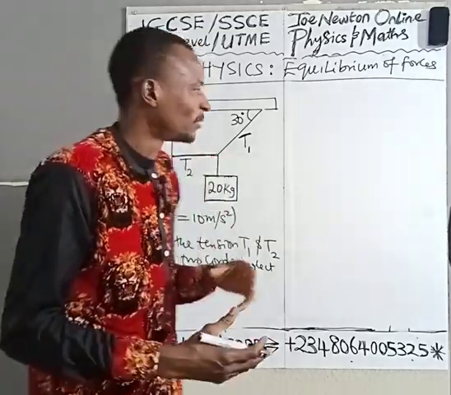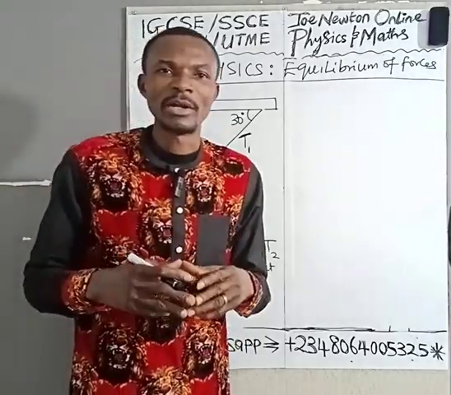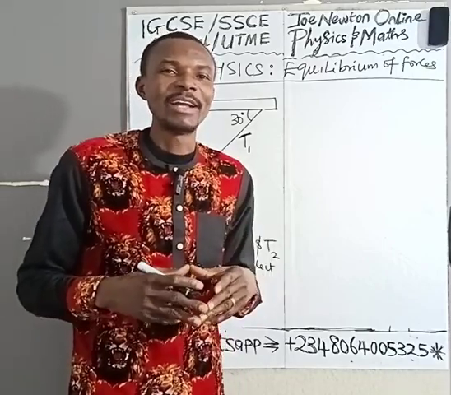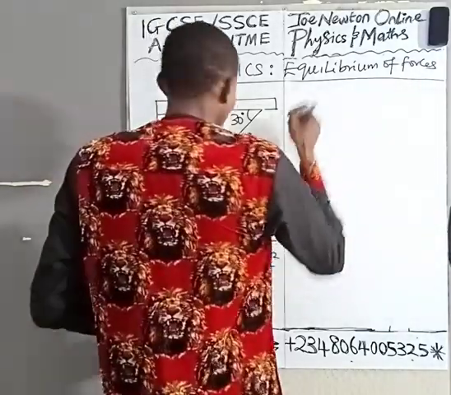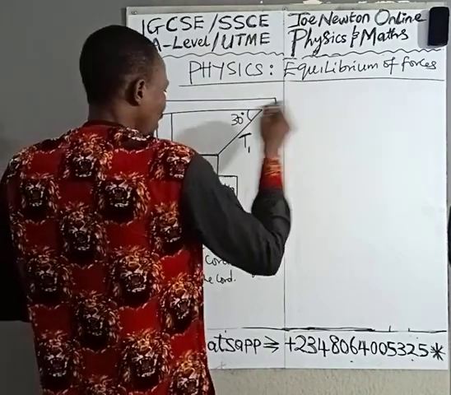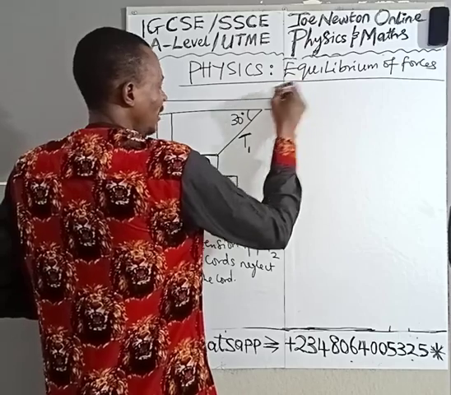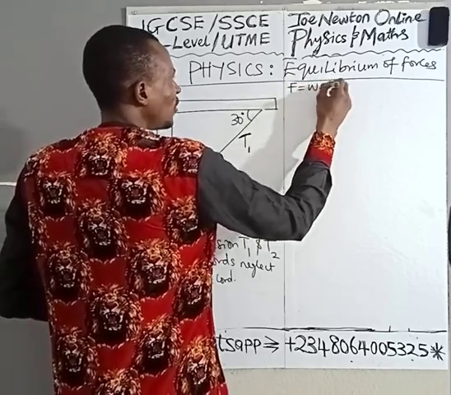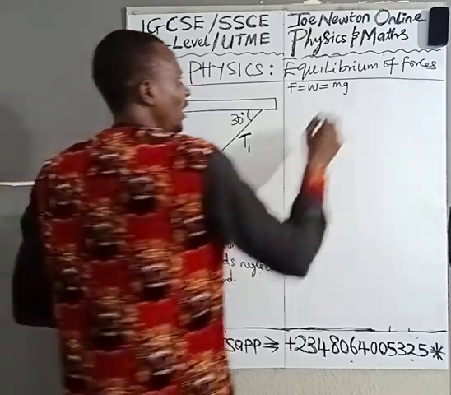So the first thing we are going to do is to convert this mass to Newtons. Then we resolve these forces into three sides of a triangle taken in order, bearing in mind to get a right-angled triangle. Okay? So for this, the force is equal to weight, which is equal to mg, mass times acceleration due to gravity.